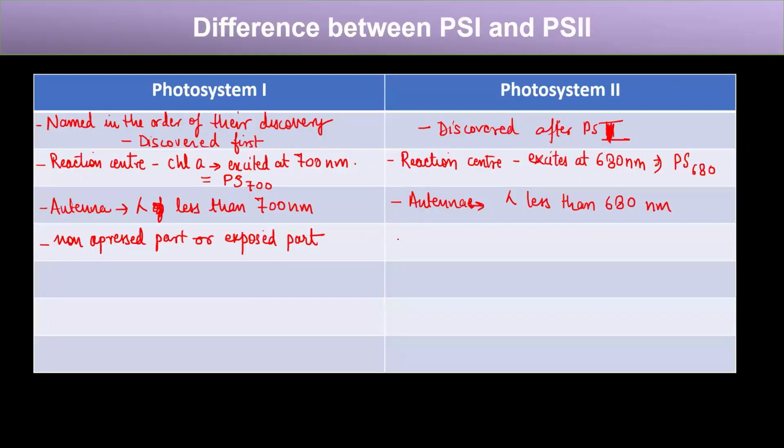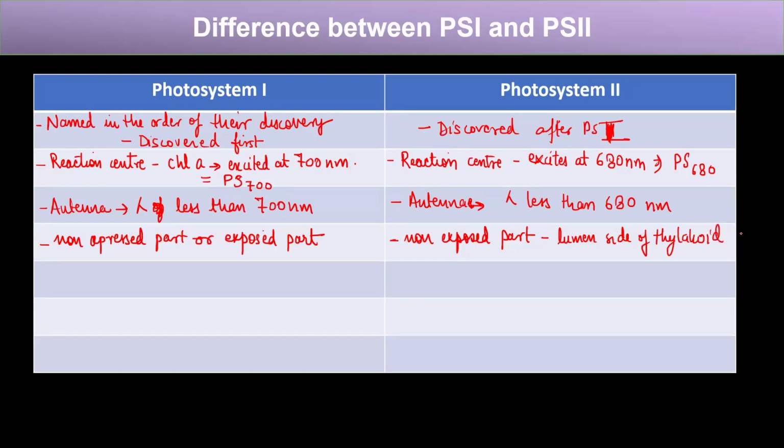And photosystem 2 is present in the appressed, non-exposed part, right? And we know where the non-exposed part is. That is your inner membrane of thylakoid, or the lumen side of thylakoid.